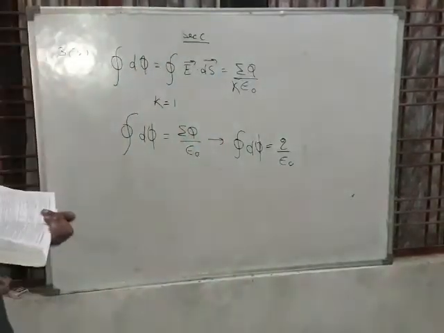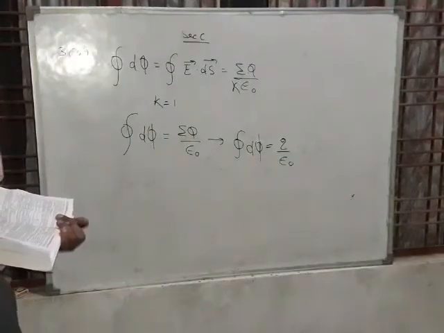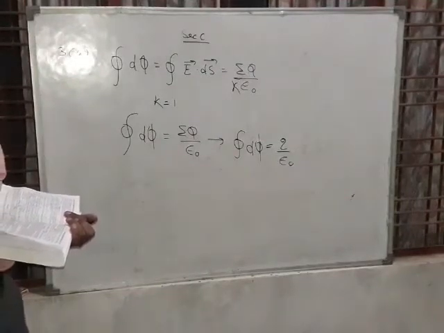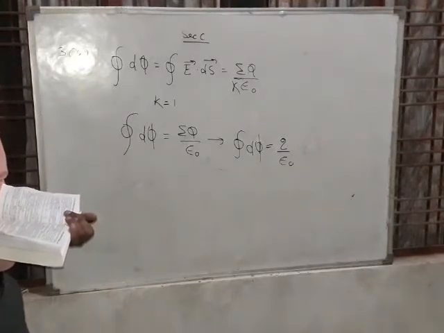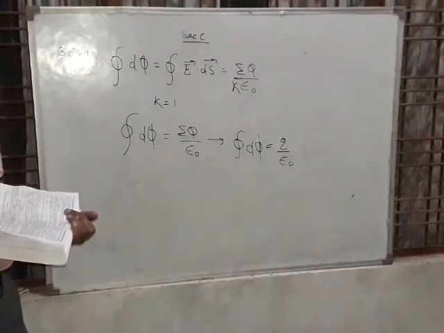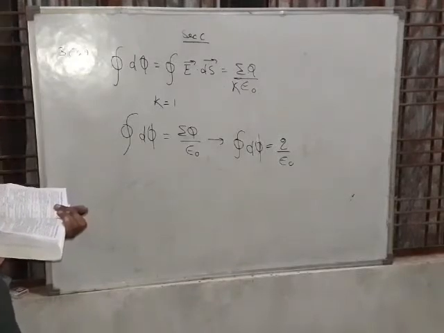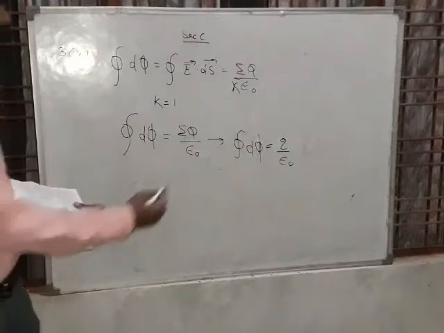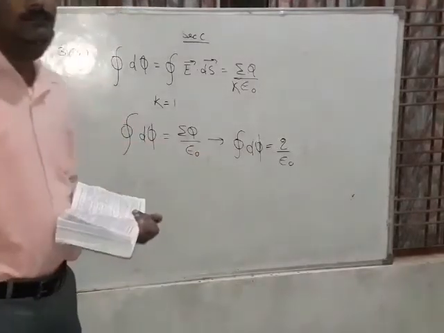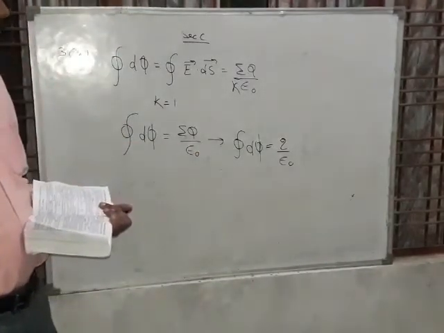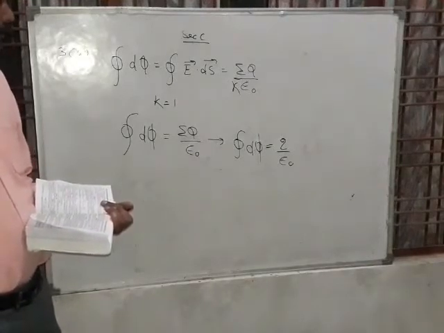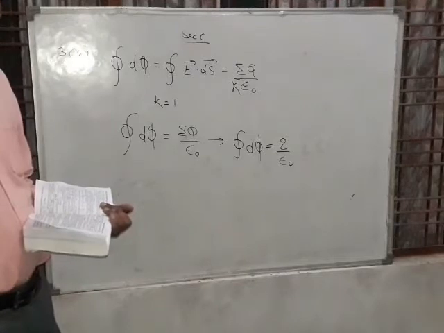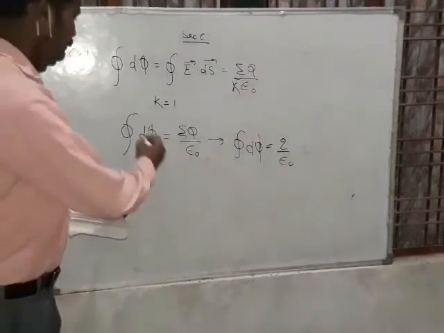So we can say that total electric flux penetrating any closed surface area which encloses an isolated charge small q is 1 upon epsilon naught times the amount of charge.